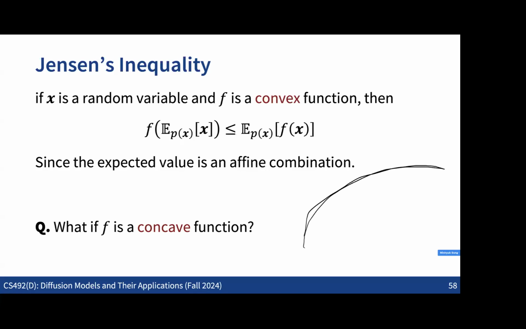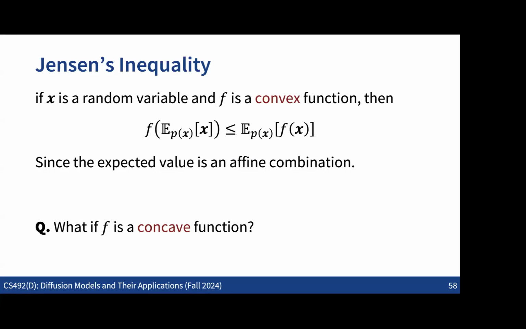So if you evaluate the function and then interpolate, it becomes equal or smaller than the case where you first interpolate and then evaluate the function, right? So for the concave case, the inequality becomes the opposite. Make sense? What concave function do you know?